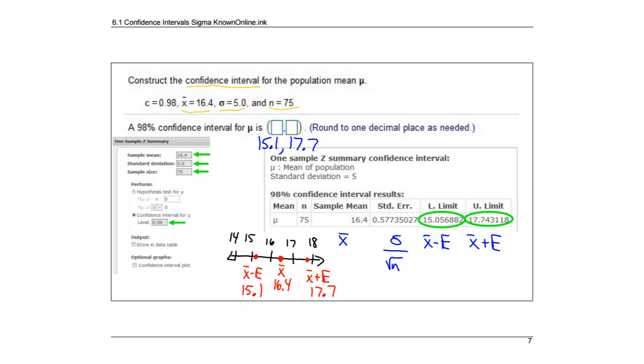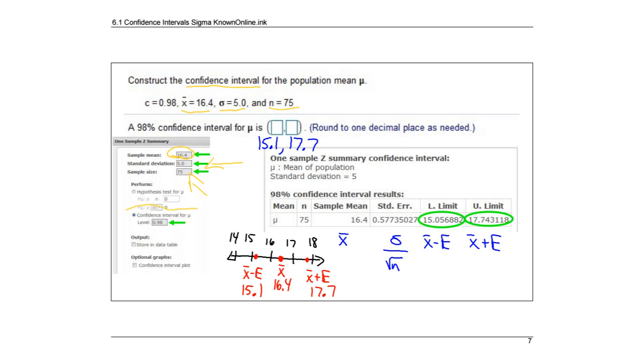So what I'm going to do is go to ZStat and one sample with summary, and I'm going to put in what I know. I'm going to put in the mean, which is 16.4. I'm going to put in my population standard deviation of 5.0, and I'm going to put in my sample size of 75.